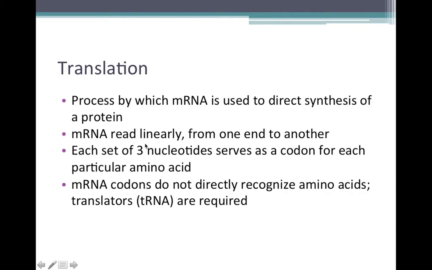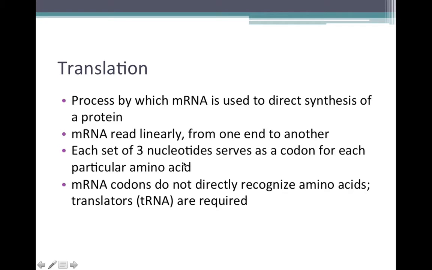Now, translation is the process of converting messenger RNA into protein, and this occurs at the ribosome. Now, messenger RNA is read linearly from one end to the other, and it's read in a sequence of 3 nucleotides. Remember, each 3 nucleotides along the length of that messenger RNA encodes a specific codon, which encodes for a specific amino acid.